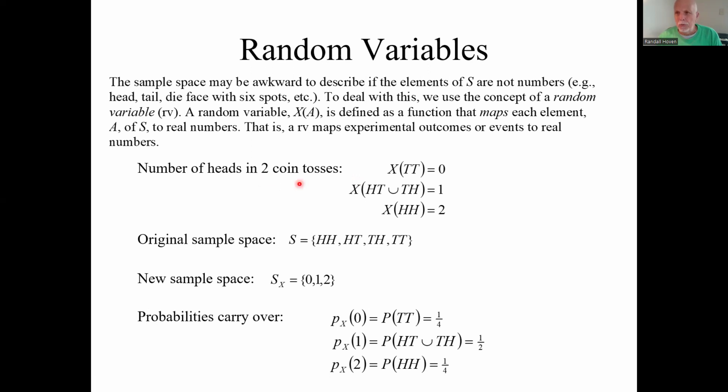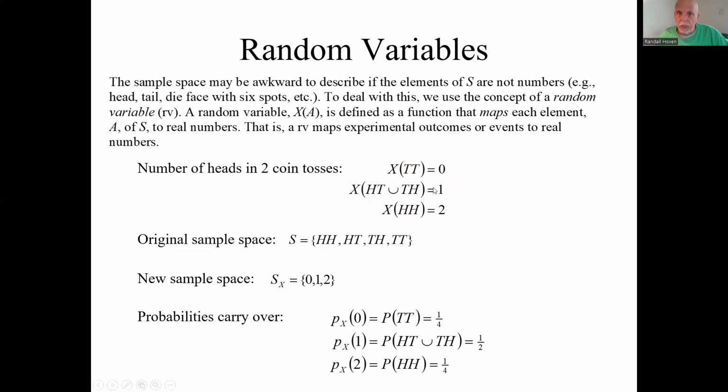Let's say you do 2 coin tosses in sequence, and you're interested in the total number of heads in those 2 tosses. So the possibilities are your first toss is a head, second toss is a head; first is a head, second is a tail, then a head and a tail; or you get 2 tails.